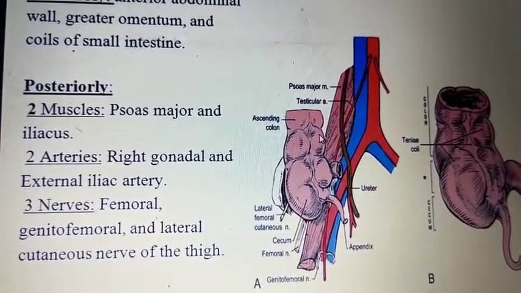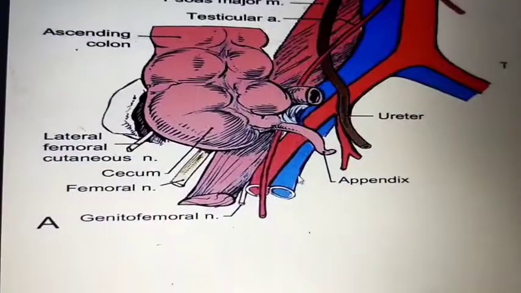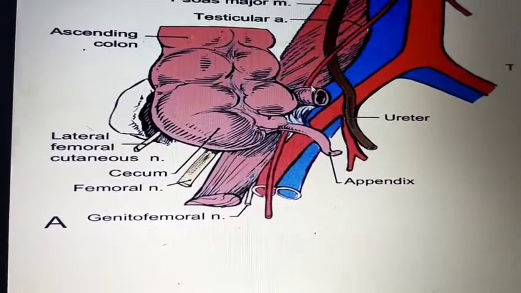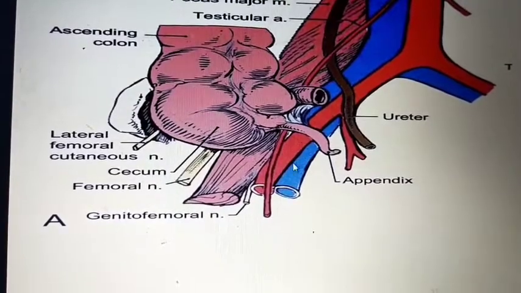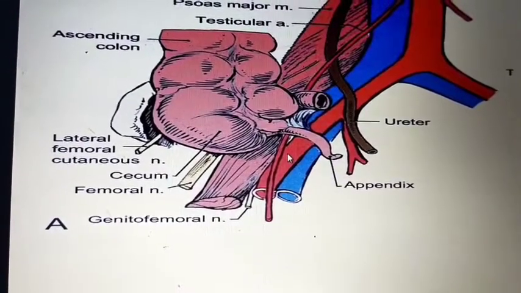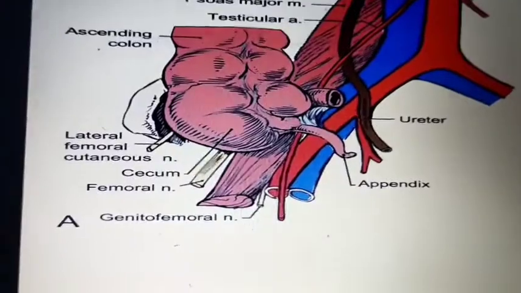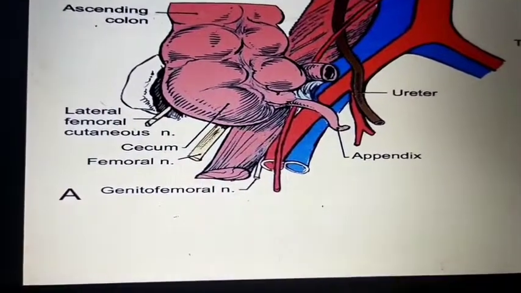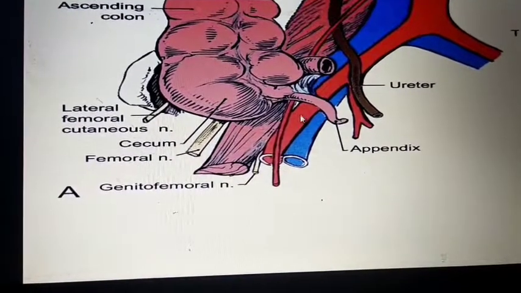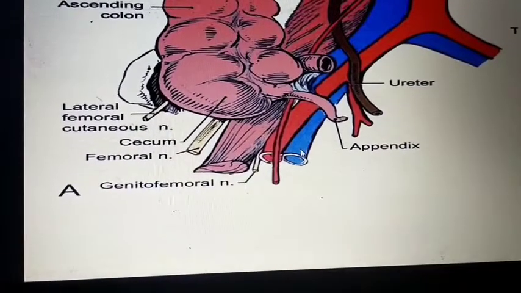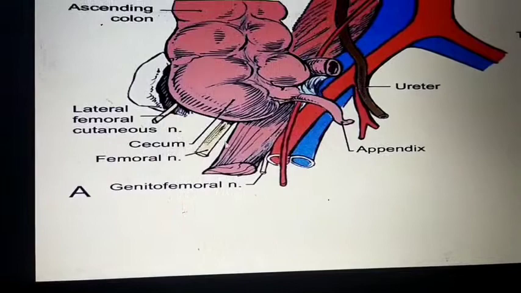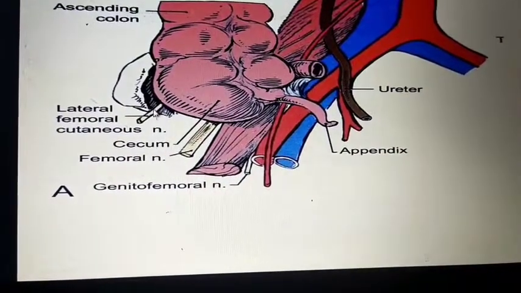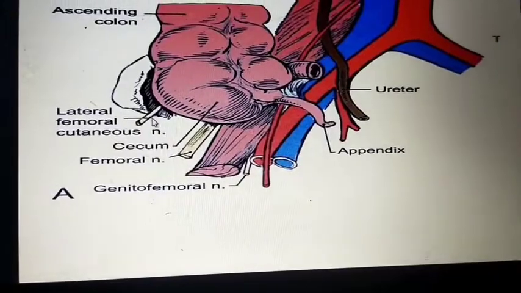You can see in this picture, this is the psoas major muscle. Here the iliacus muscle comes. This is the gonadal vessel, the right gonadal vessel, the right iliac vessel. This is a vein, the psoas major muscle, and this is the femoral nerve. This is the lateral femoral cutaneous nerve.